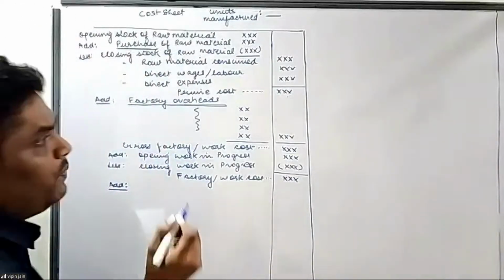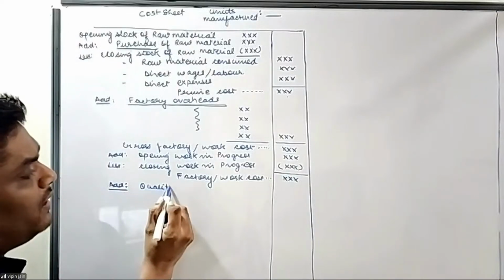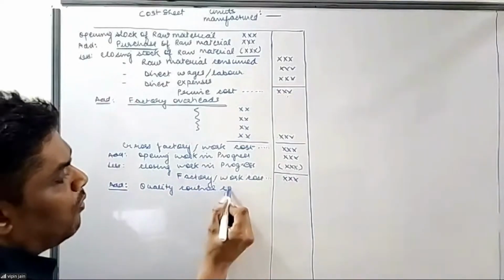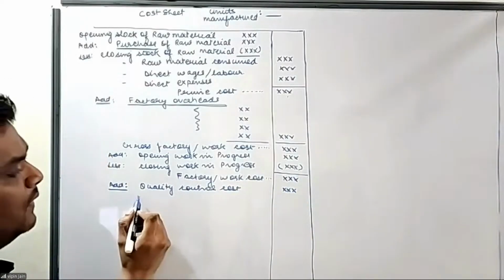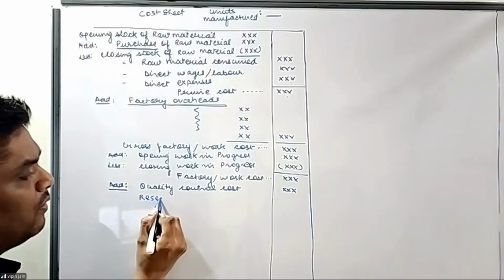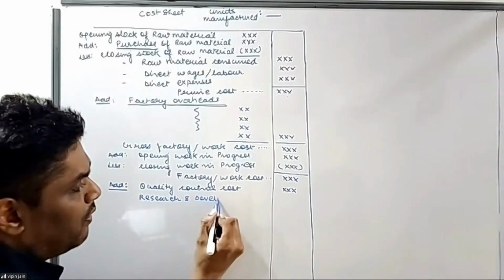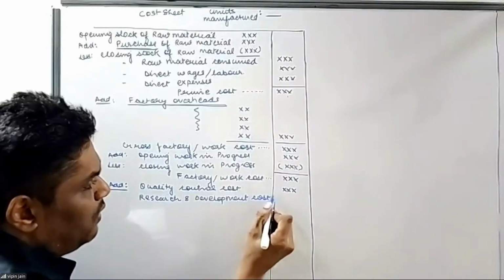A few points need to be added. The first one is quality control cost. The second one is research and development cost.